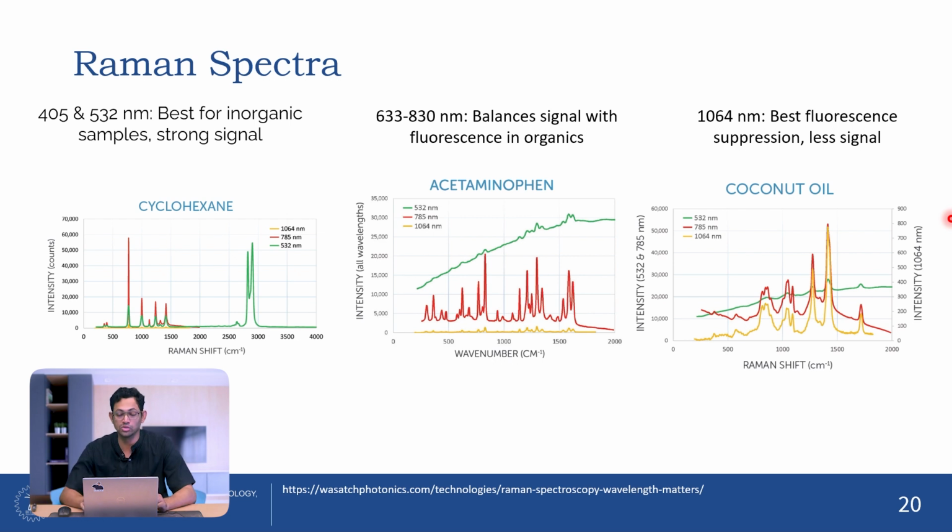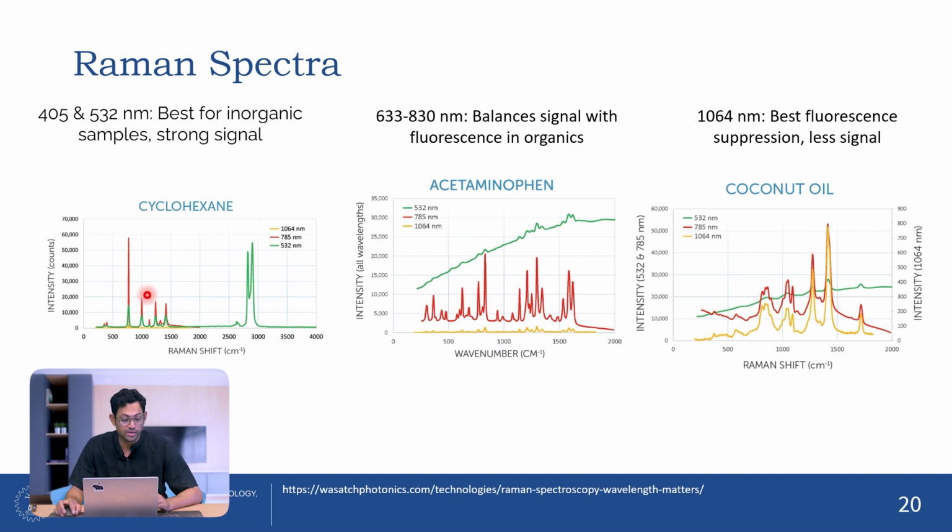with 1064 nanometers. There are a few examples you can see in the case of cyclohexane, acetaminophen and coconut oil. They have tried with 3 different wavelengths, and you can see that, for example over here, the red, this 785 nanometers, is the best to see the Raman spectra.